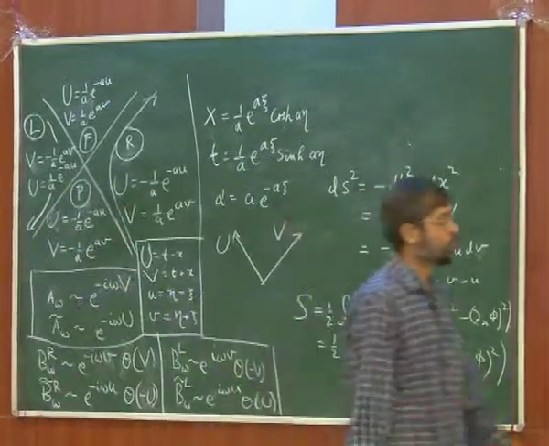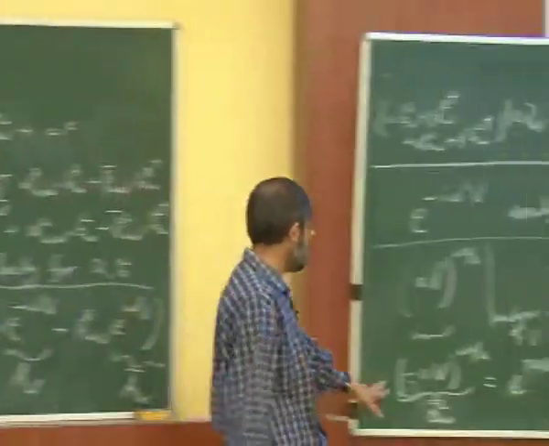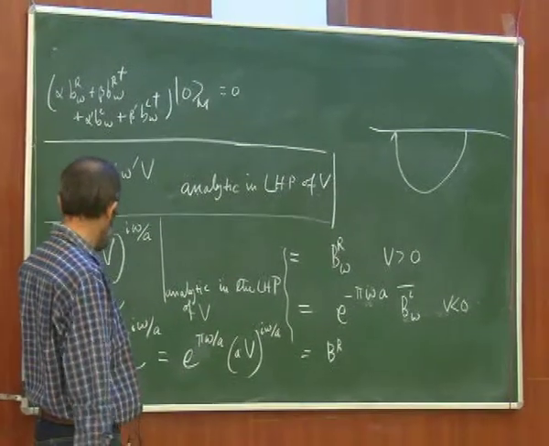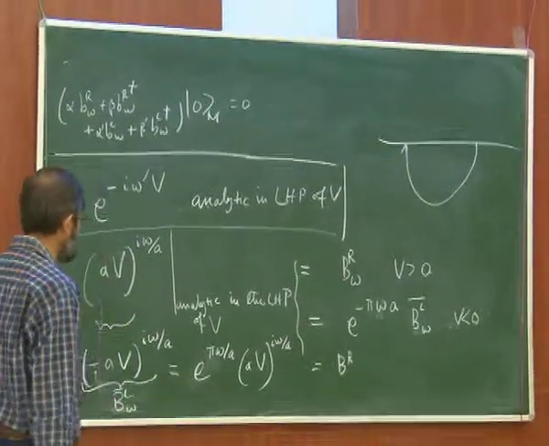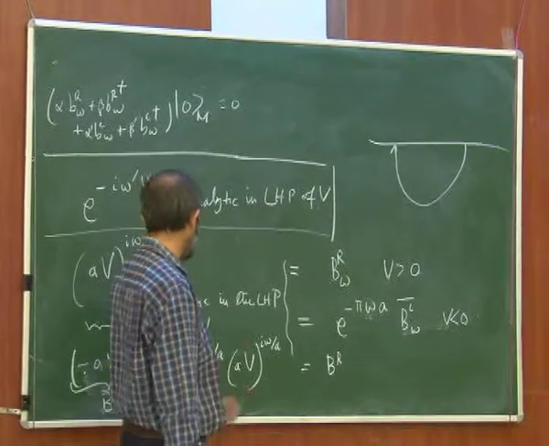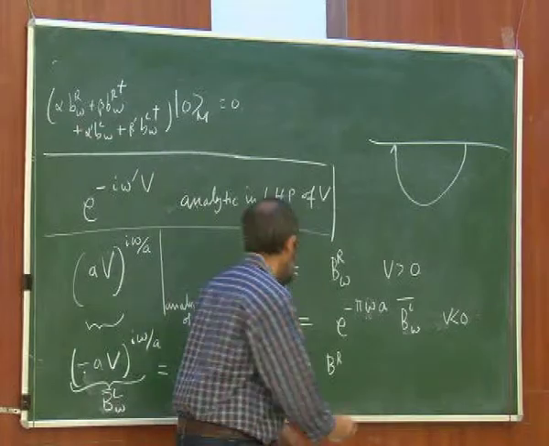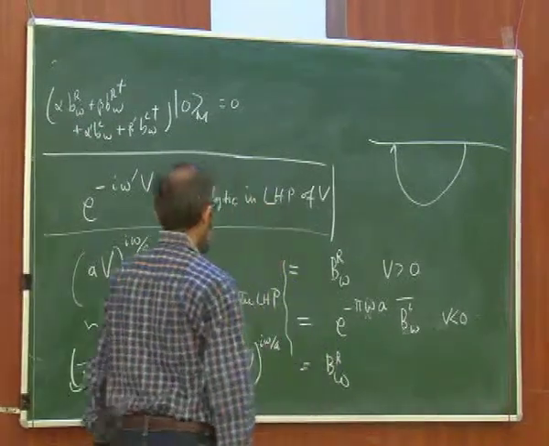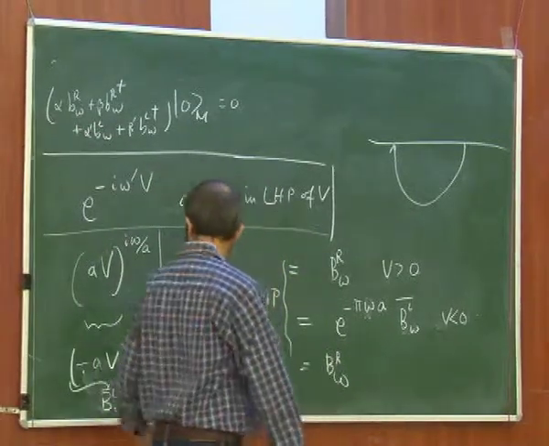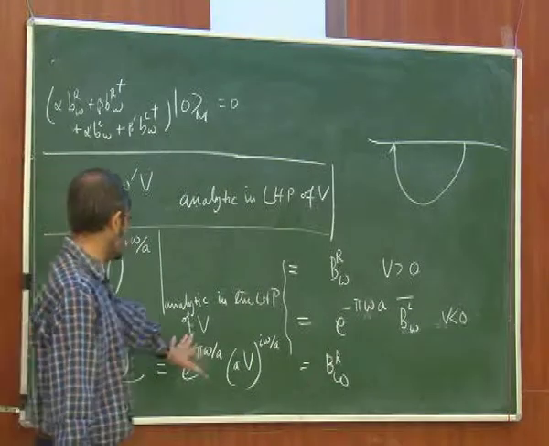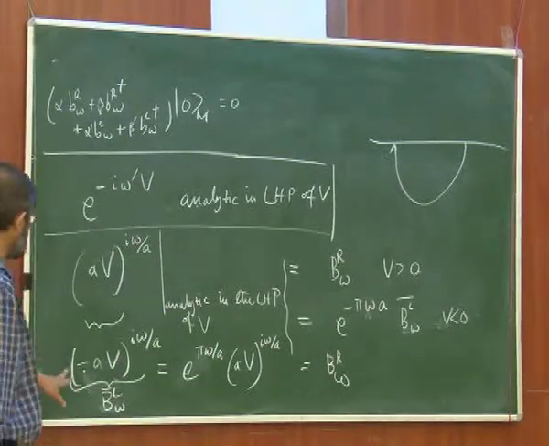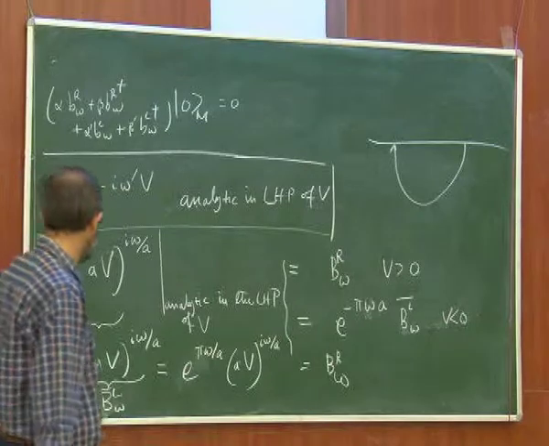So I get that e to the power minus i omega v written in the Minkowski coordinates is pi e to the power pi omega. So there is a relative factor between the continued Br omega and Bl omega bar. That's the factor of e to the power pi omega a. It comes by carefully choosing an interpretation of the minus sign.